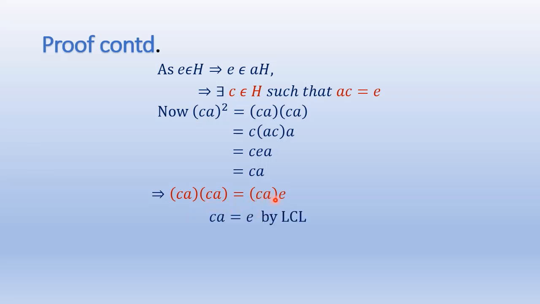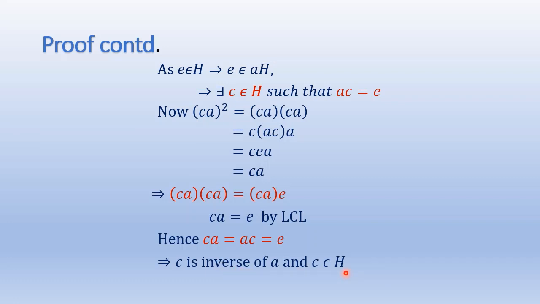Already we have taken ac is equal to e. Now we have found ca is also equal to e. Hence ca equal to ac equal to e, which implies c is the inverse of a. That c belongs to H. So c is the inverse of a and c belongs to H.